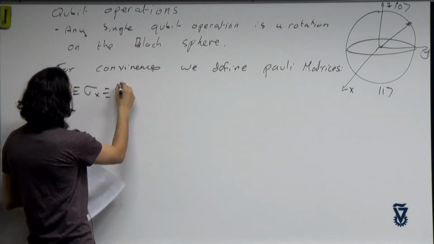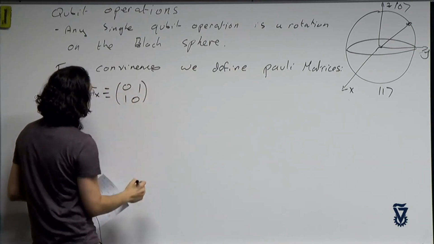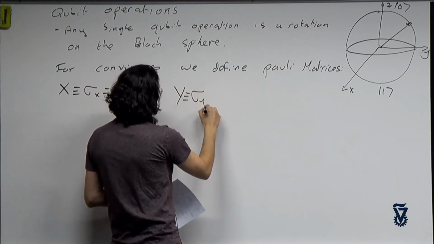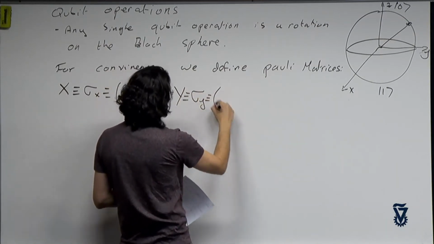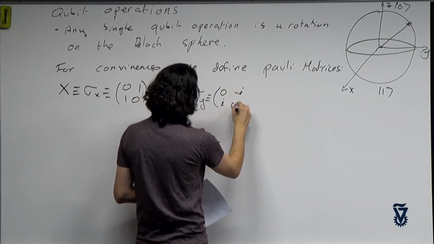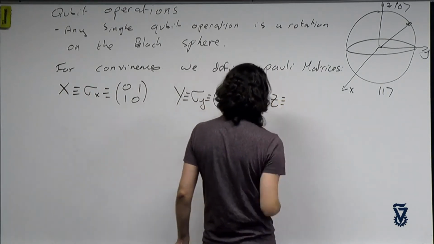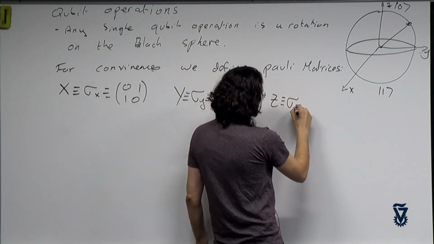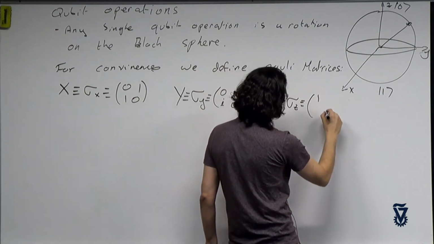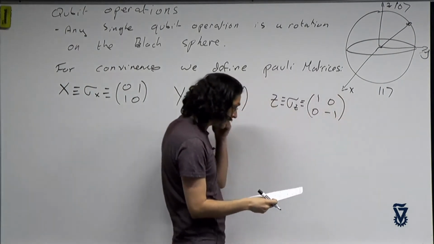This will be 0, 1, 1, 0. Y, which is sigma Y, is just 0, minus I, I, and 0. And Z, sometimes called sigma Z, is just 1, minus 1 on the diagonal over here.